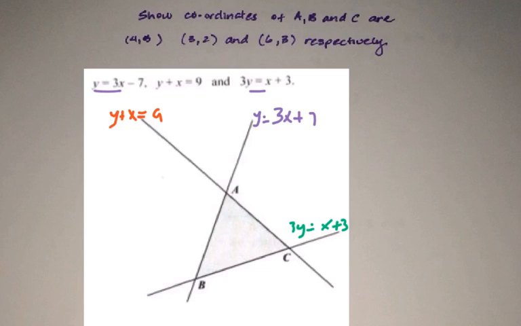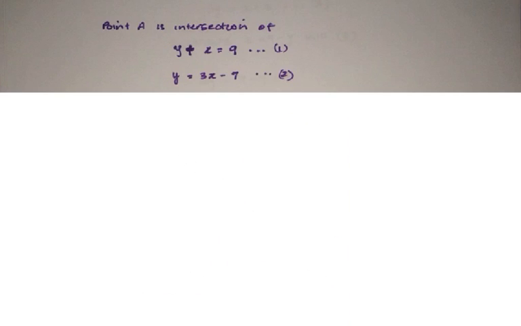So if we're looking to find our point A, that means that it occurs when our line y is equal to 3x minus 7 intersects our line y plus x is equal to 9. So we're looking at the intersection of y plus x is equal to 9 and y is equal to 3x minus 7.